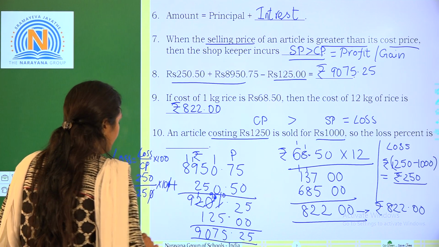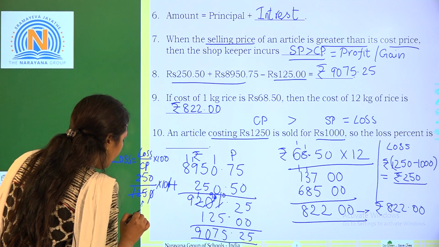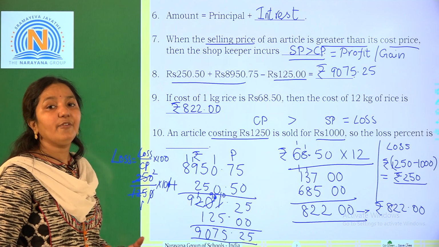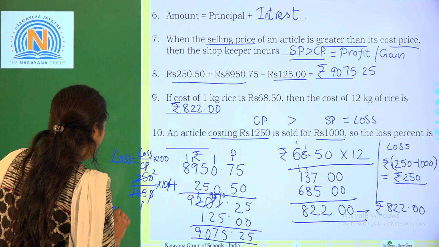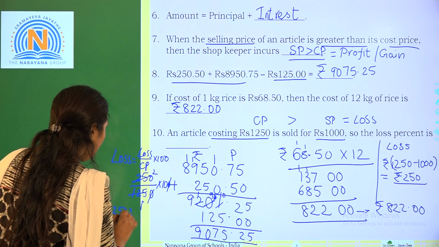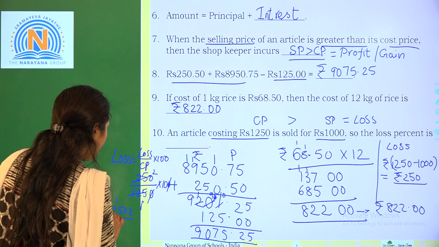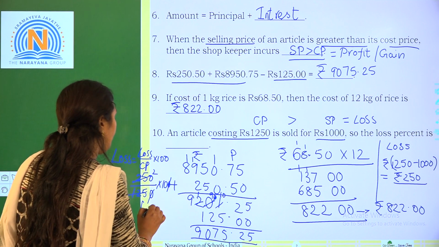The zeros will cancel, so here 125. 125 once here, twice here. You already know 125 2s are 250. Otherwise you can multiply 125 into 2: 2 5s are 10, 2 2s are 4 plus 1 is 5, 2 1s are 2, 250.